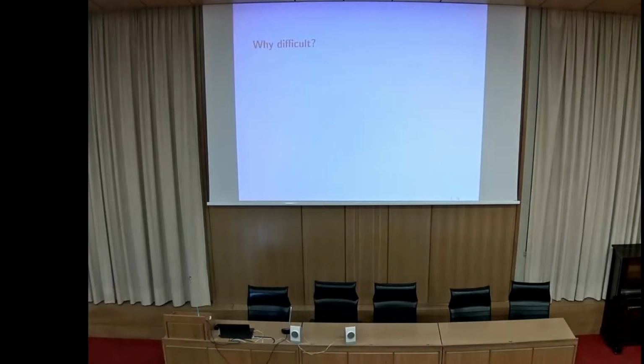Why is it difficult? The problem is that we need two things. First, we need good control of a boundary CFT in order to be able to do computations. But also we need some semi-classical regime for good interpretation. And usually, in most cases, we have one or the other.